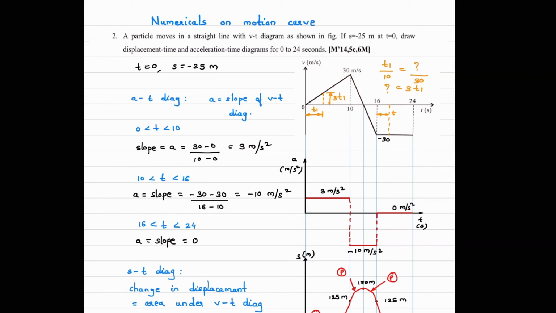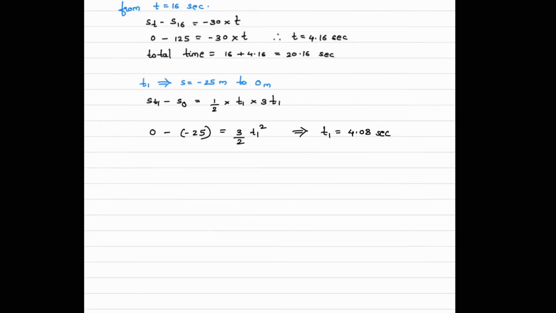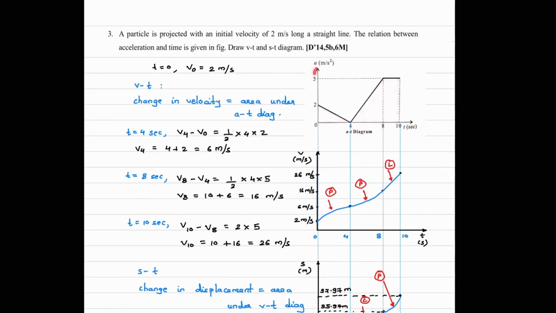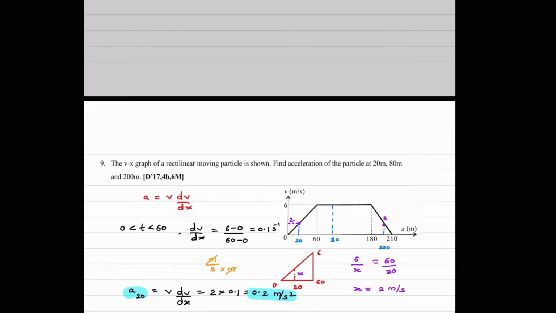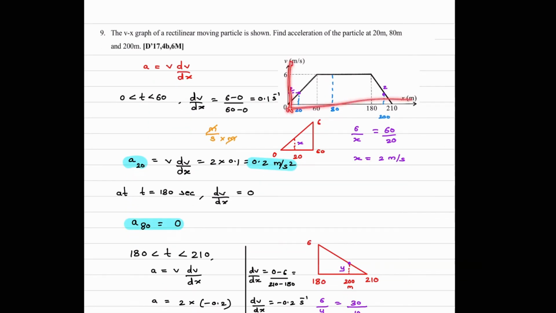So we have completed numericals on motion curves. We have seen all the different types. First we saw the VT diagram numerical, then from AT we had to draw other diagrams, then the next numerical with a Vx diagram was given, and from there we had to calculate acceleration.